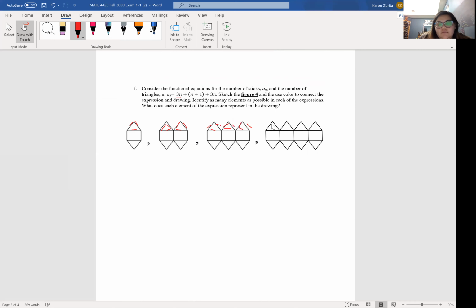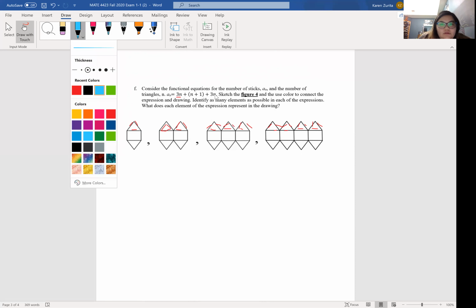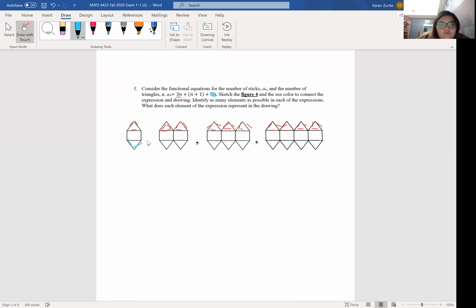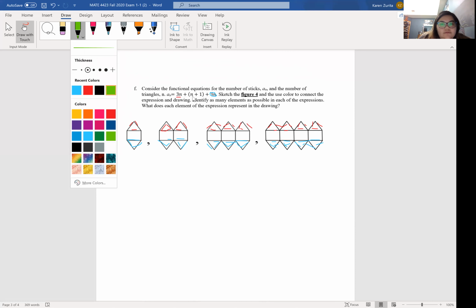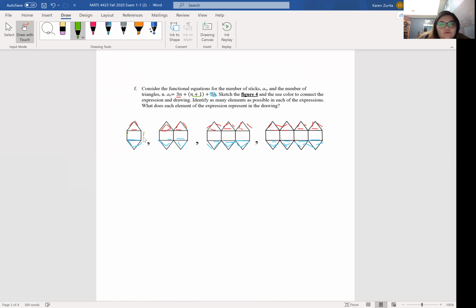Then this 3n is going to be these 3, these 3, these 3, and so on for all of them. And then this n plus 1 would be the number of toothpicks that it takes to connect the bottom and top triangles. So here we go.